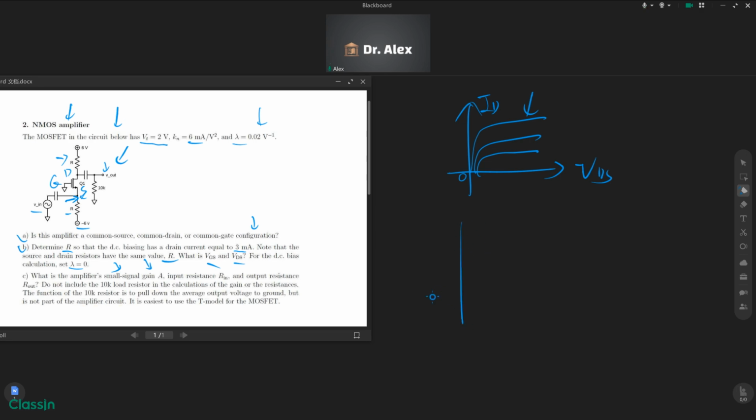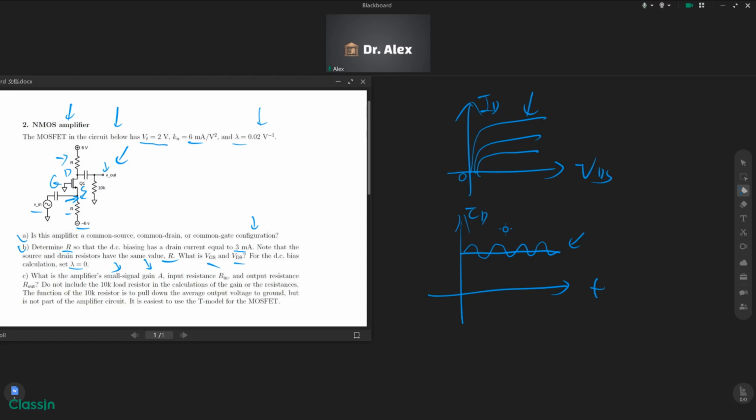For example, this is ID, this is t, this is the large signal, the DC ID. The small signal is like this, and it will be superimposed on the DC signal, so we call it a small signal. Why do we call it small?